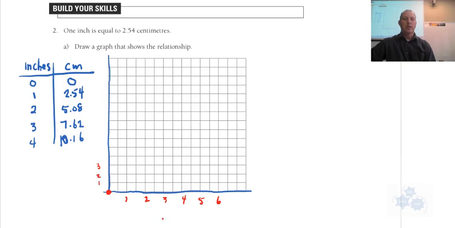This will be inches. This is going to be centimeters on the side. Why don't you take a couple minutes there, plot those points and draw a line connecting them.